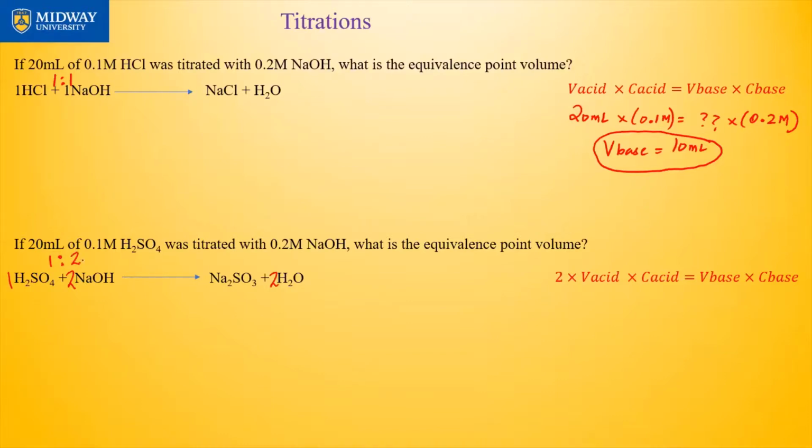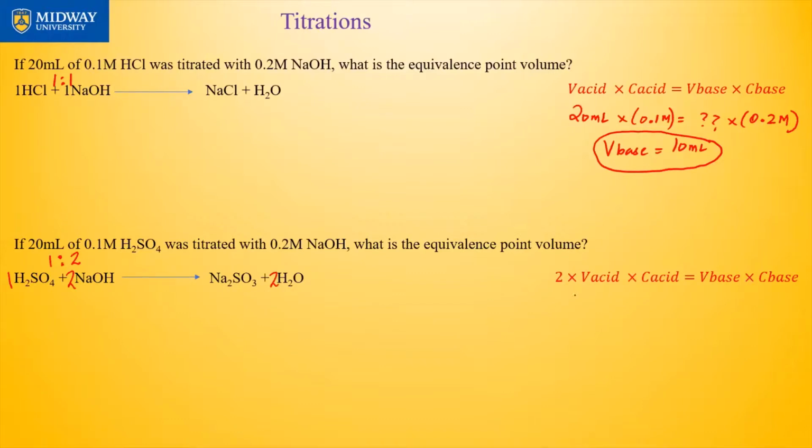So the base takes 2 times the base to react with 1 times the acid. When you have a problem where your base is 2 and acid's 1, you write the generic formula and multiply the acid side by 2. If your acid contains 2 and your base is 1, then you multiply the base side by 2.